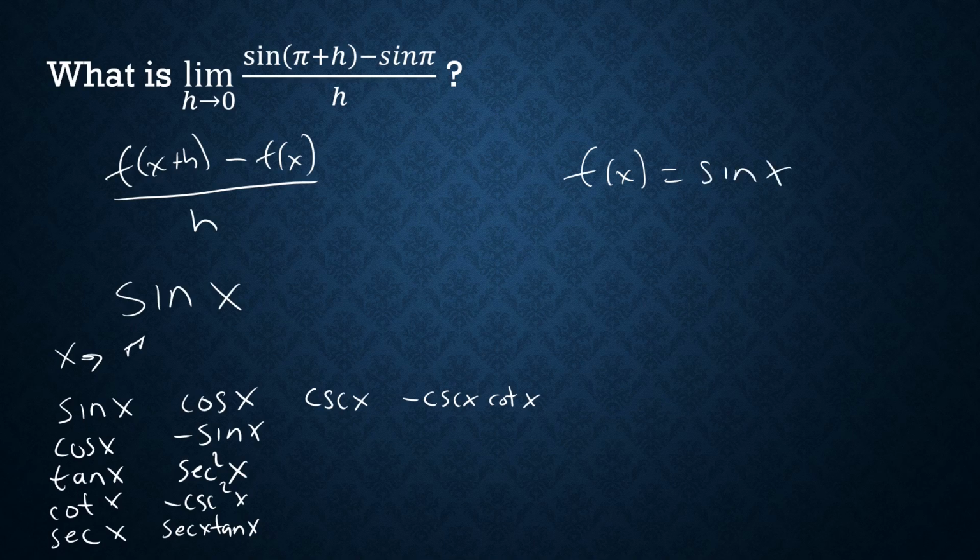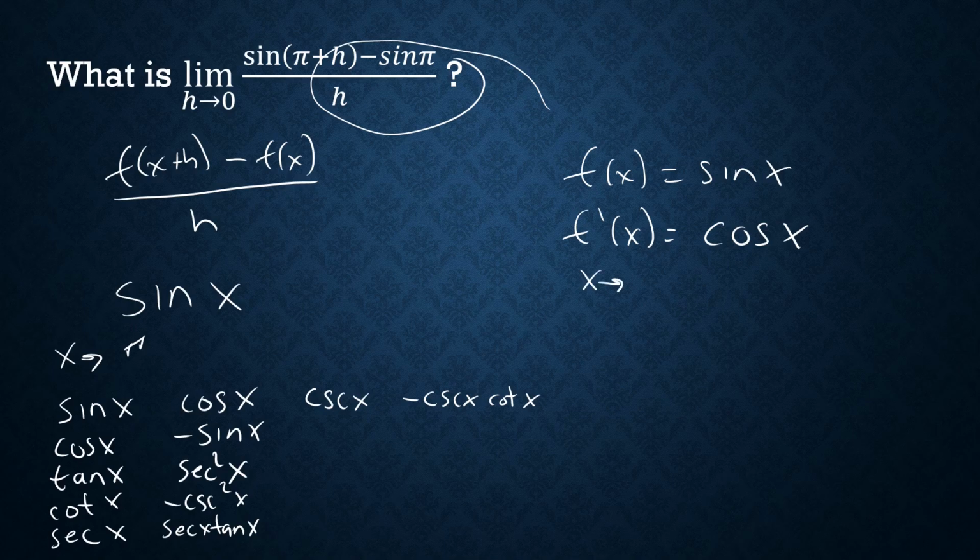So basically here, our f of x function is sine x. We got that from what we saw here. The derivative is going to be cosine x. And we want to know as x approaches pi, what is x going to be? So basically doing cosine of pi. You got your unit circle.